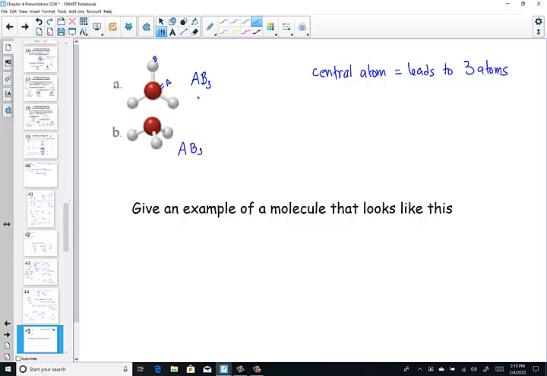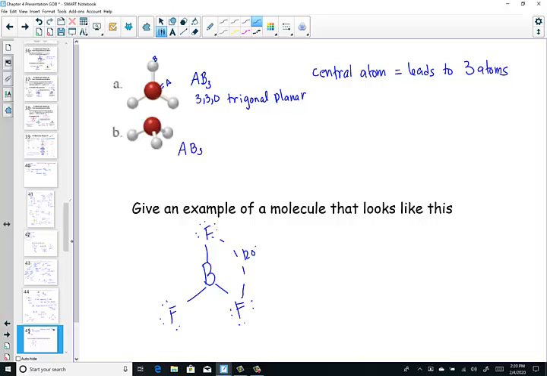So 3, 3, 0 is this VSEPR count, knowing that it's trigonal planar. And we can say, well, that's an example. I could do boron trifluoride and have a count of 3, 3, 0. And notice I'm making an equilateral triangle. 120 degrees is our bond angle there.